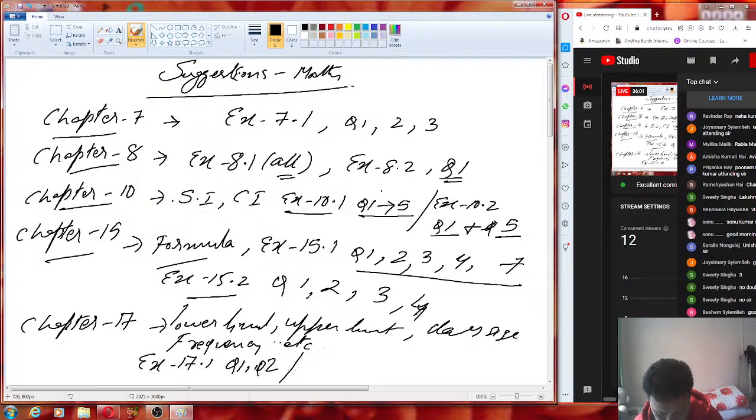Then 17.2, 17.3 also leave it. And next that you have to be prepared is exercise 17.5.